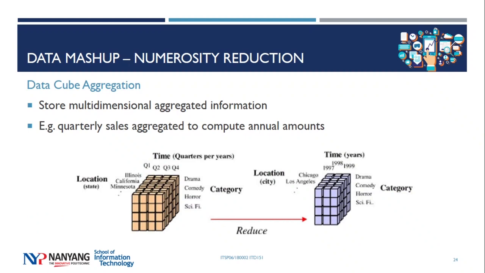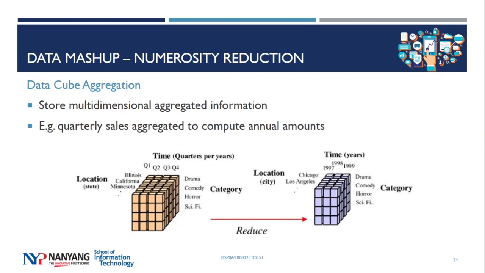So as said earlier, data cube aggregation refers to when we store multi-dimensional aggregated information. You can see from here the original cube has quarter 1, quarter 2, quarter 3 and quarter 4 of sales data. We can also have the different states and the different categories.